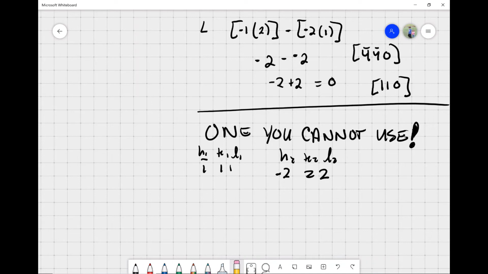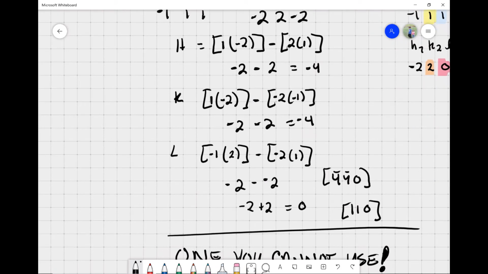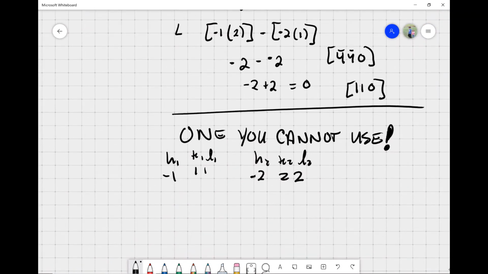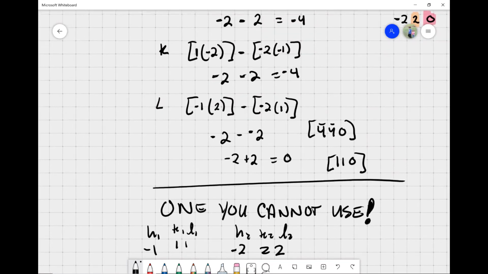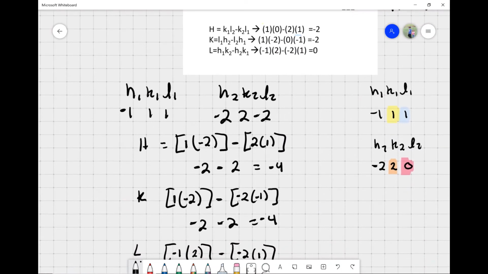Let me make it consistent. All right. And so H is K1, L2 minus K2, L1.